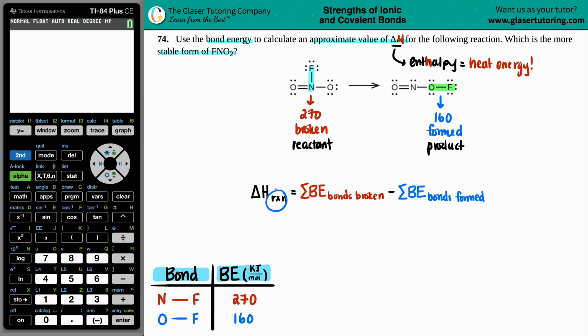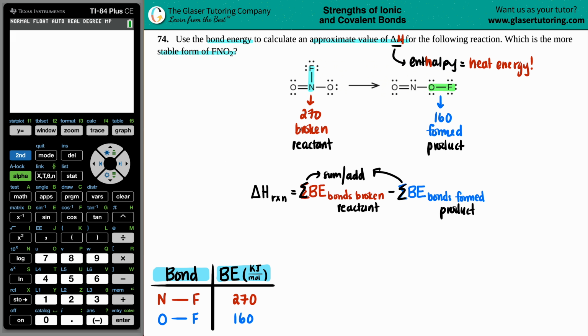And the delta H for this reaction is the sum, that's this symbol. So we're just going to add up, if we need to, the sum of all the bond energies, BE, of the bonds broken, minus the sum, so add them up if we need to, of all the bond energies of the bonds being formed. So remember, the bonds broken is the reactant side. The bonds formed is the product side.